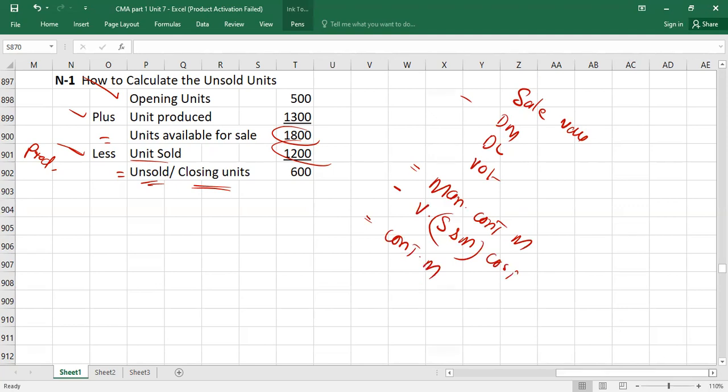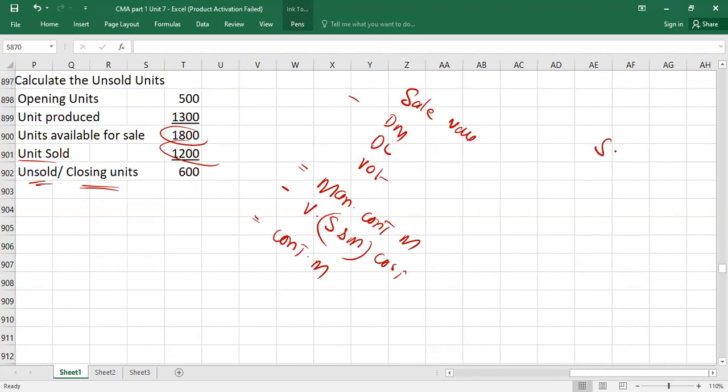Please, you have to remember all that right away. If I take sales less all variable cost, like see, material is variable, labor is variable, variable overhead is variable, even selling cost is variable. If I deduct all variable cost, this directly gives me contribution margin. Understood?